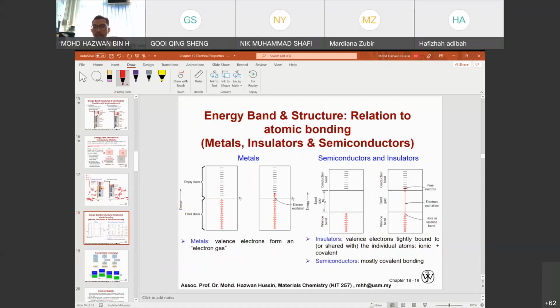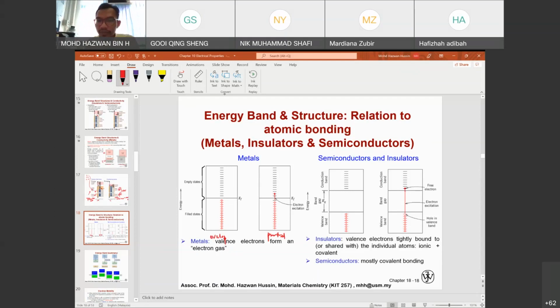Maybe the last few slides before we end our lecture today. The energy band structure in relation to atomic bonding, for metals, insulators, and semiconductors, as a summary. For metals, it can be filled, or overlapping, or partially filled. Valence electrons form an electron gas.